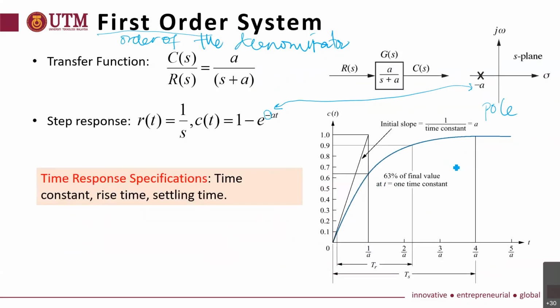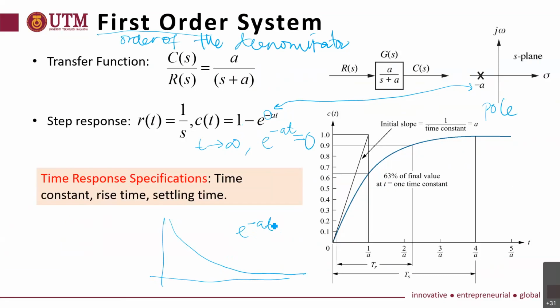Okay? It goes to 1 because when t approaches infinity, e to the power of minus at equals 0. That's why finally it equals 1. And it's 0 because we know e to the power of at will converge to 0.